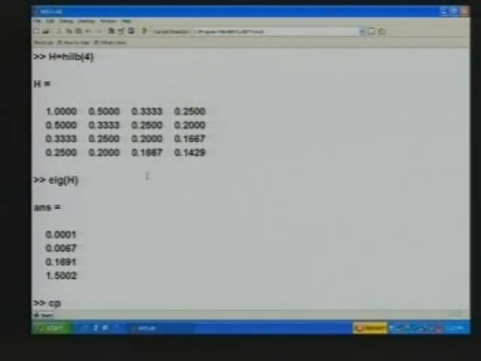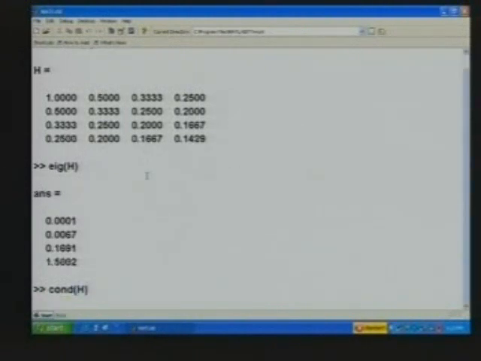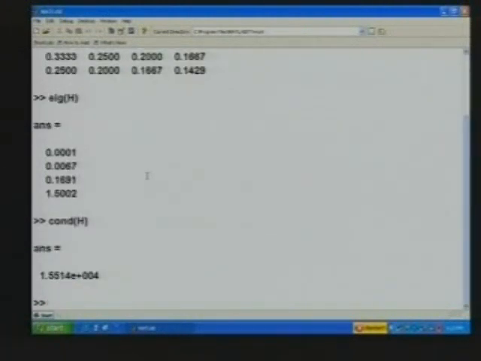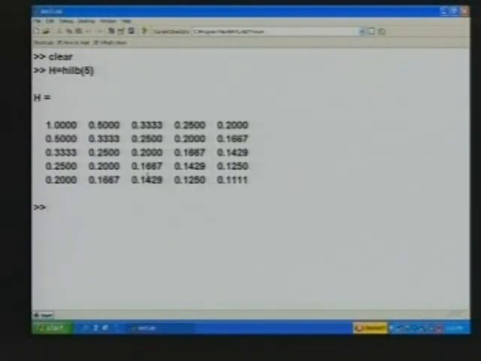If you see the condition number, it is about 1.5514e4, so the condition number is poor. If you generate another matrix, let us say H is equal to hilb(5), the condition number of this matrix will be even poorer, as you see, very high.